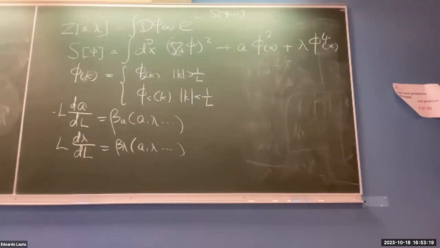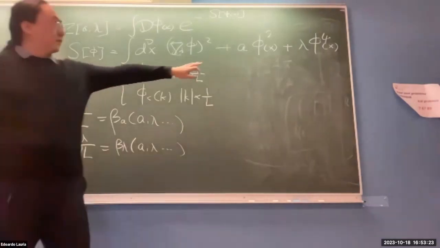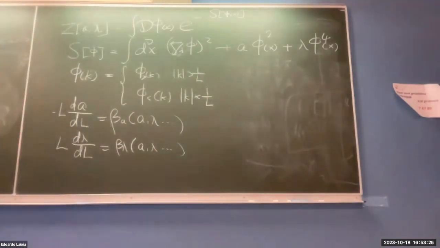So let's first set this coupling to 0, and our RG flow equation for lambda in this limit becomes something like this.